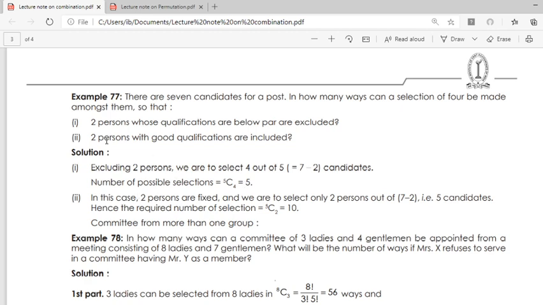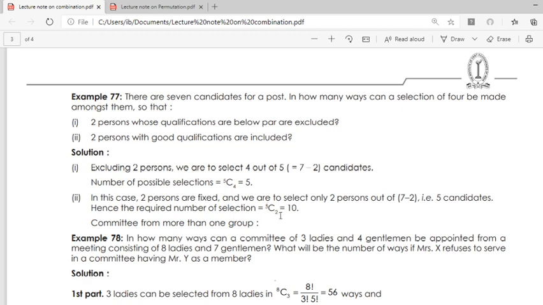Now, let's look at 2. Two persons with good qualification are included. Now, 2 persons are fixed, so you are to select only 2 out of the rest of the candidates. Out of the 7 candidates, if 2 are fixed already, you are left with 5. So that's why you have 5 combination 2.